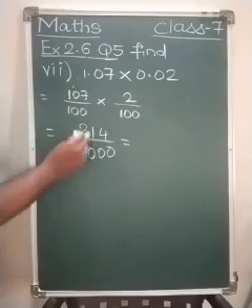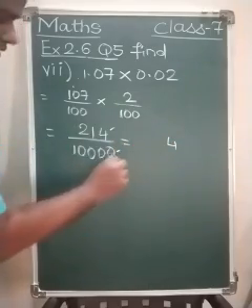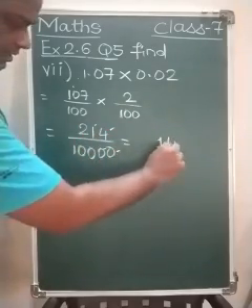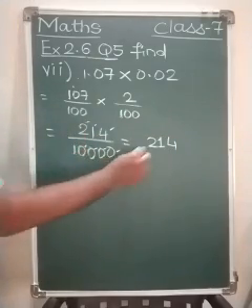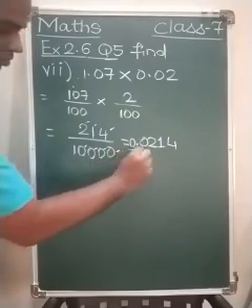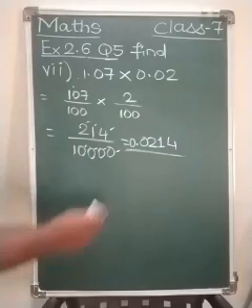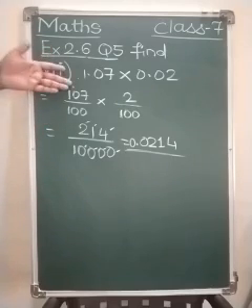Now let's convert this fraction into a decimal number. For this 4, for this 1, for this 2, for this 0, no number, so 0, 1 comes, decimal point, 0.0214. So the answer is 0.0214. Answer finished.